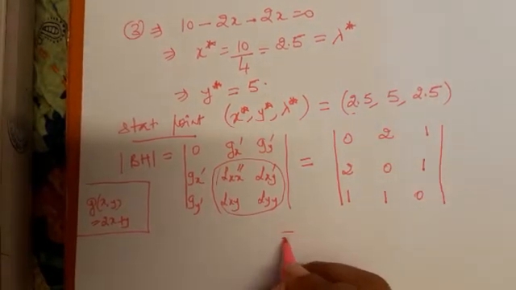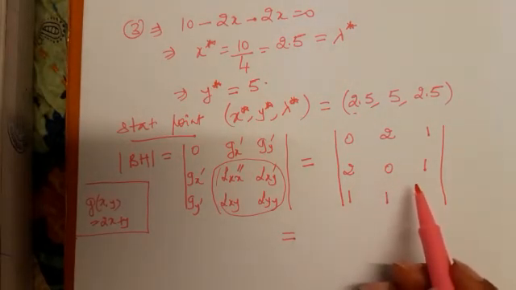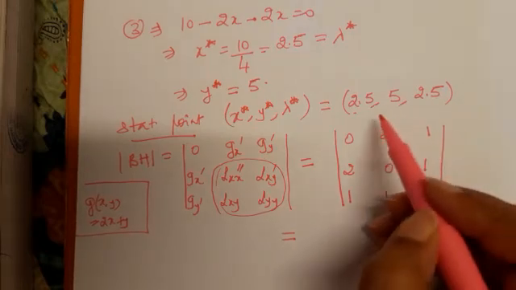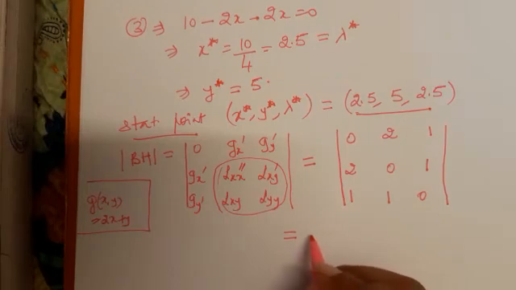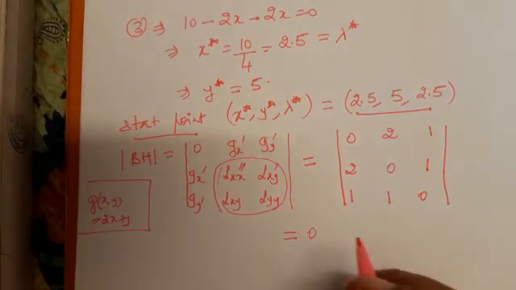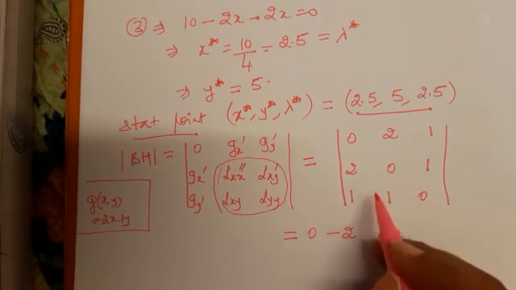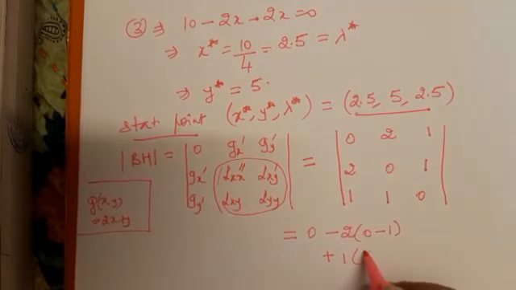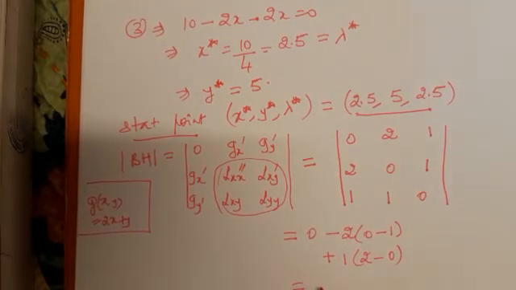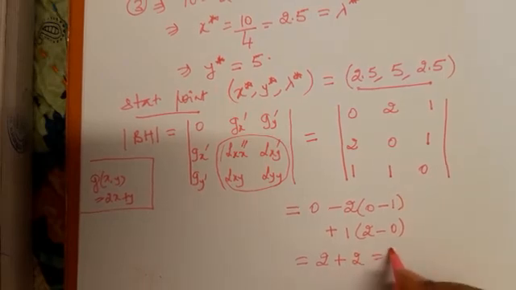So let's evaluate this determinant, and because here we don't have any terms containing x or y, we don't have to substitute the information from the stationary point. We just have to calculate the determinant value. The first term will be 0, minus 2 times, I'm doing the Laplace expansion, minus 2 times 0 minus 1, plus 1 times 2 minus 0. So that's going to be 2 plus 2, which is equal to 4.